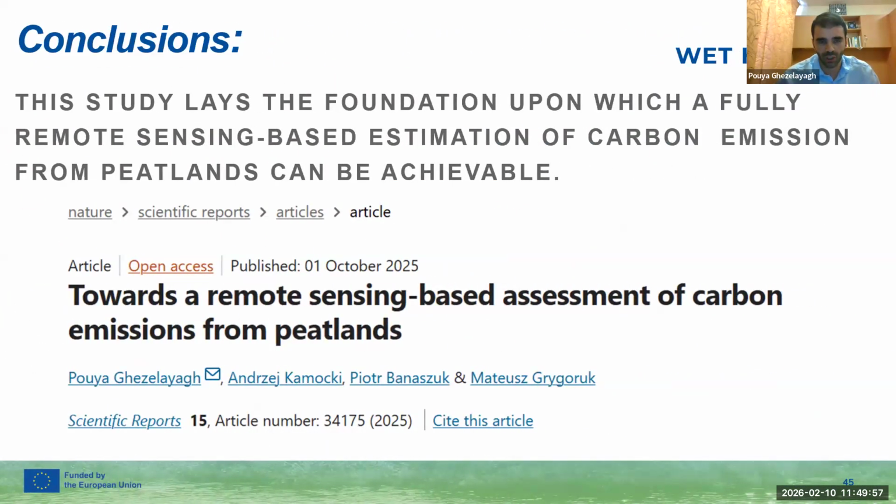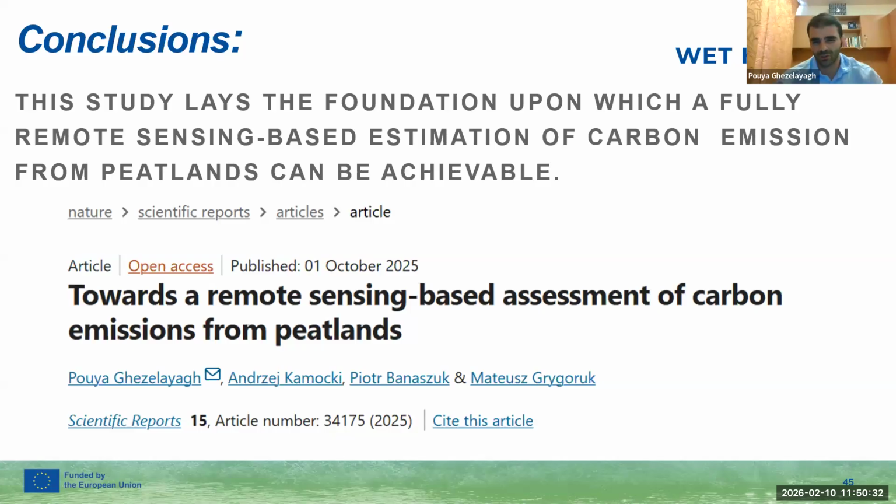And for conclusion, I also would like to mention that the content of this presentation, I was trying to present in the simplest way I can for better understanding. The content is available in the paper entitled Towards a Remote Sensing Based Assessment of Carbon Emission for Peatlands.